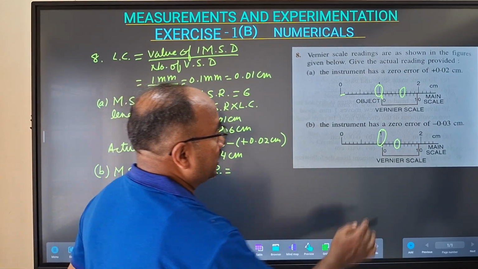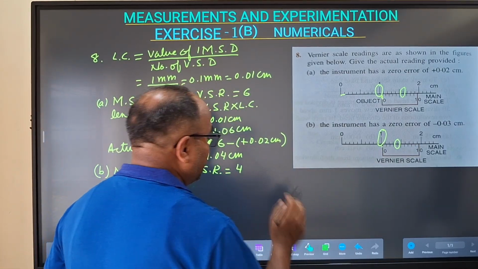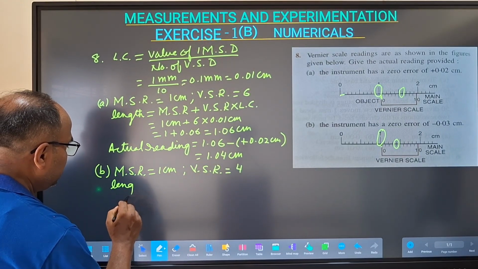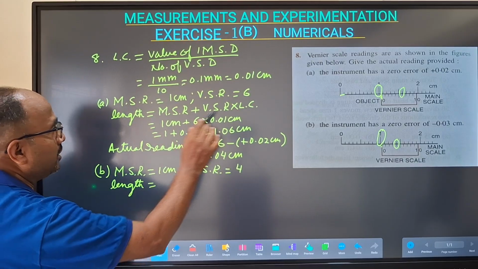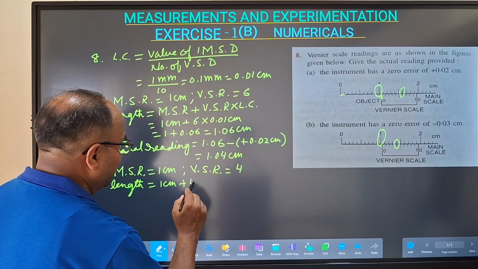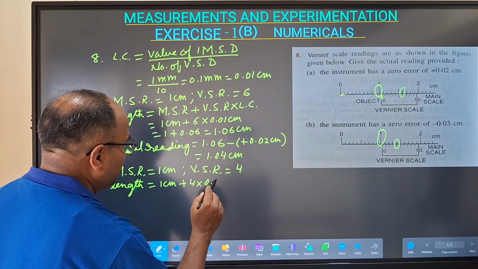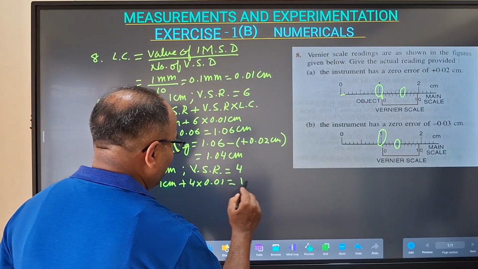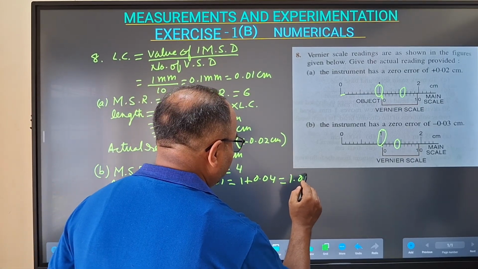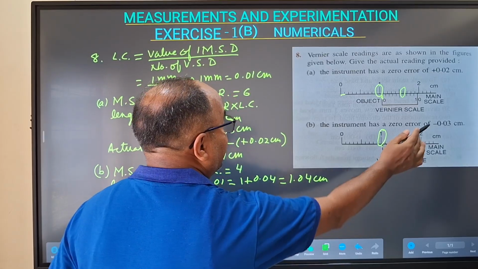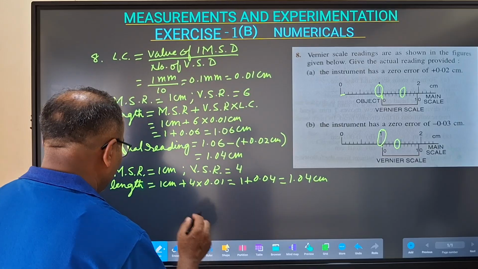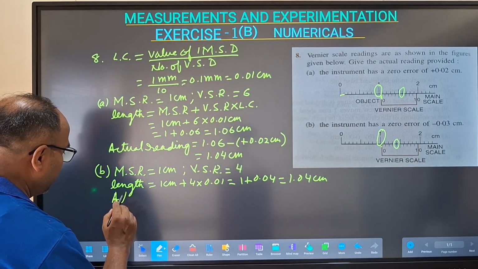That is at the 4th place, so 4 becomes the vernier scale reading. Now we will find the length by the same formula. So 1 centimeter MSR plus the 4th one is matching, 4 into the least count 0.01. So you will get 1 plus 0.04, which gives you 1.04 centimeter. Then we have a zero error here of minus 0.03. So we will write here actual reading.